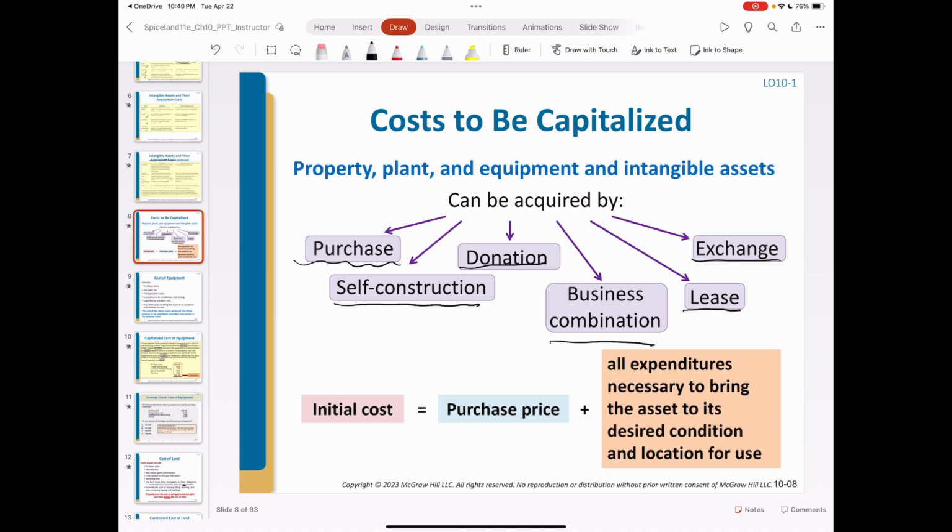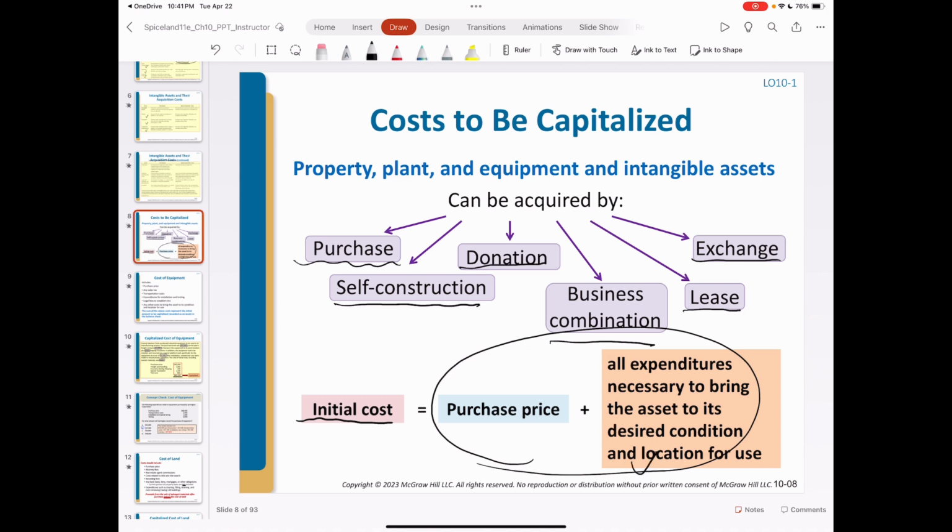In different circumstances, the accounting treatments are different. So when we record the initial cost or the acquisition cost, we include the purchasing price plus all the expenditures that are necessary to bring the assets to their desired condition and location for use.